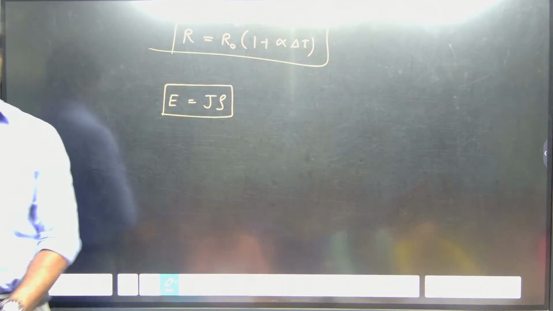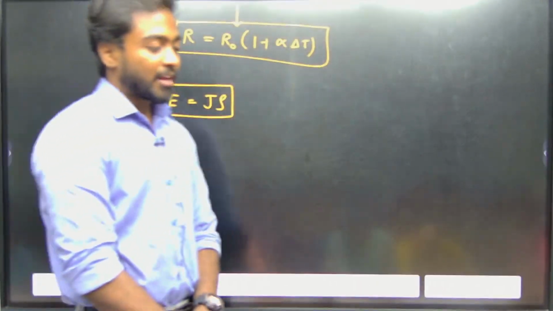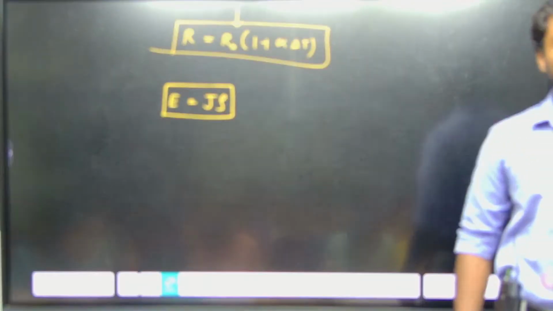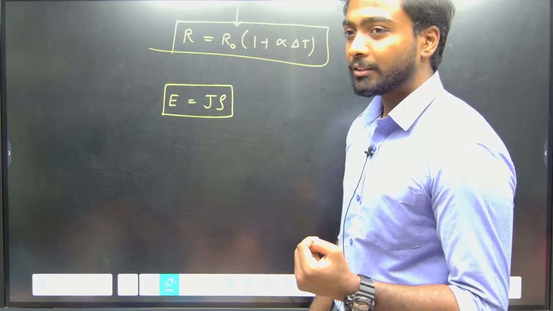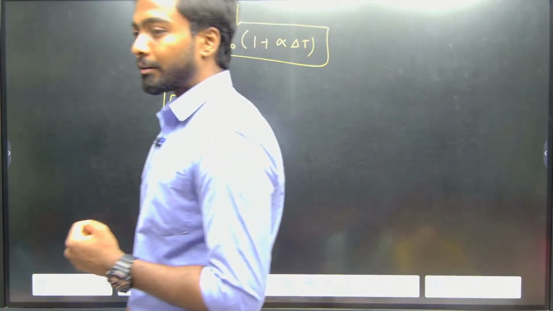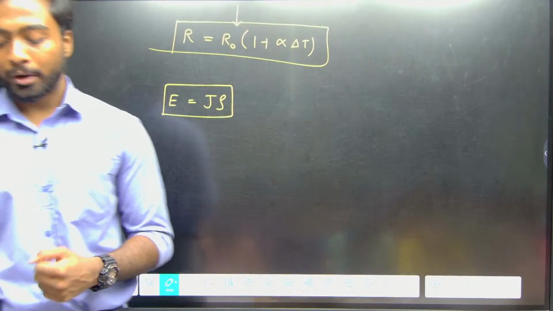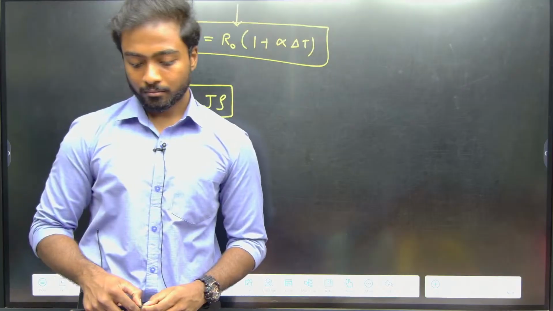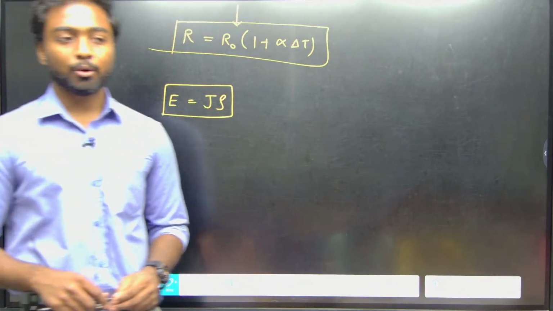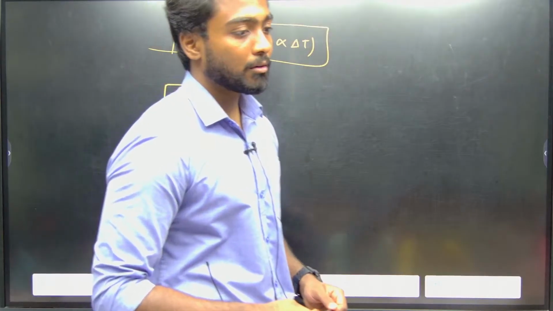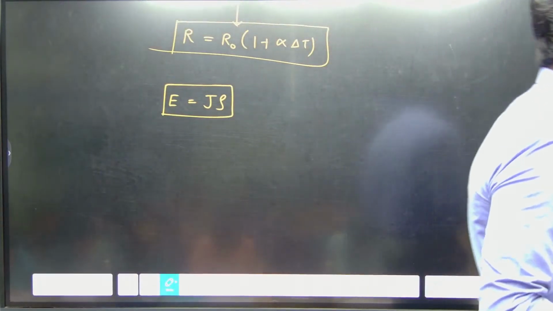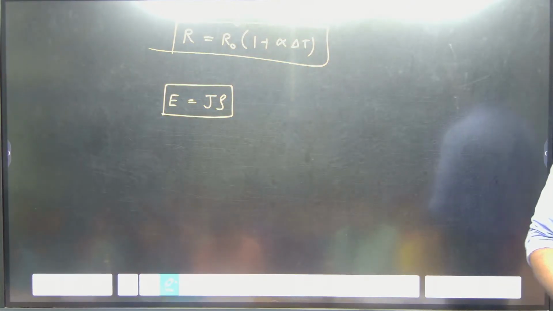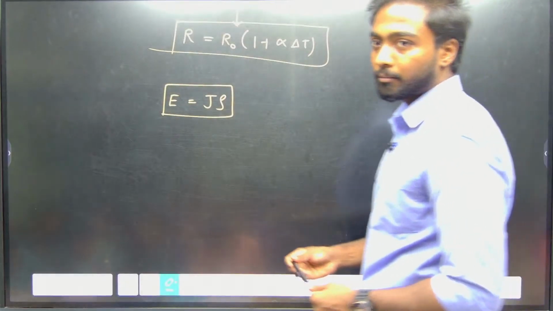First point, relaxation time: it is the time gap between two successive collisions of an electron in a conductor.